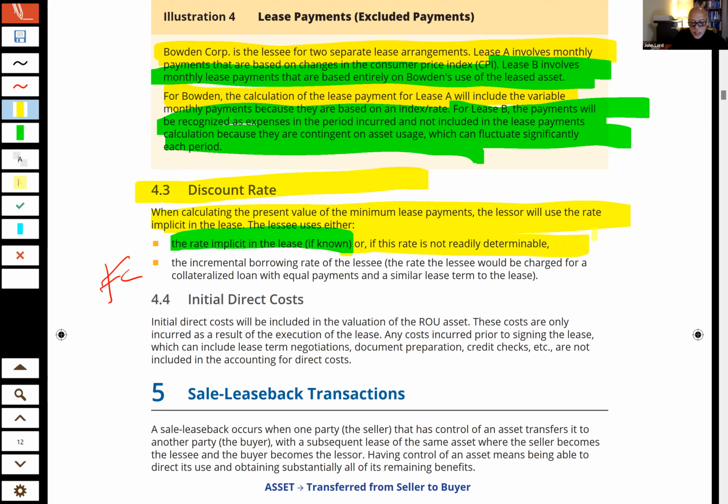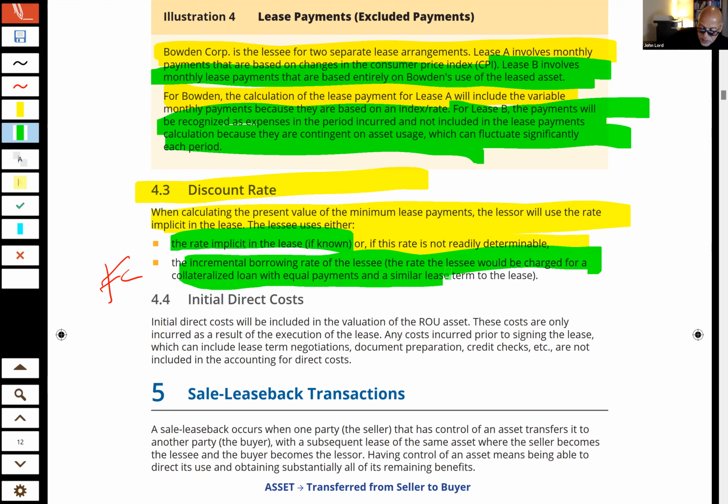Okay, so even though they may say the rate implicit in the lease is this, if it is not known by the lessee, then the lessee can't use a rate that they don't know or can't determine. And so if that's the case, they would use the incremental borrowing rate for the lessee, the rate the lessee would be charged for a collateralized loan with equal payments and similar term to the lease. You'd have to look to see what the other rates are, and you use either of these.